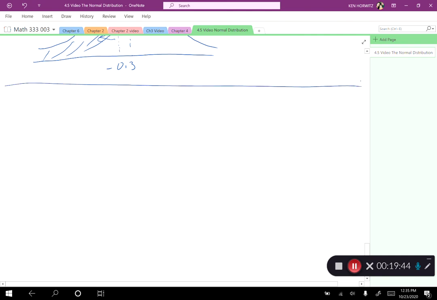We're going to do an awful lot of examples right here, but this one, we're going to find the area to the right of z equals 0.6.